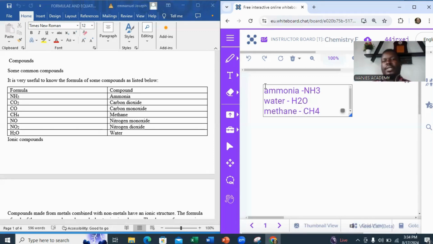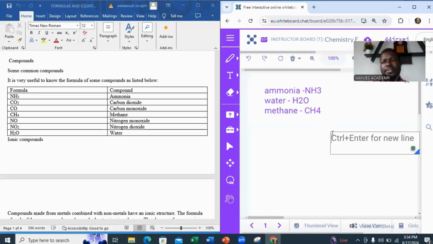So that tells us that not every molecule follows a straightjacket rule when it comes to deriving their formula. But there are some other molecules that we can actually write their formula easily from their name.